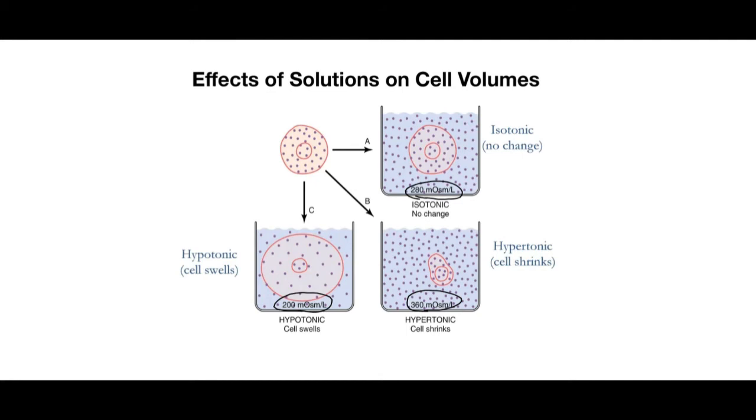So if you take a cell and you put it in a hypotonic solution, by definition, that means that that hypotonic solution will cause the cell to take on water. If you put that cell in a hypertonic solution, the cell is going to lose water. But it's all relative based on what that membrane is permeable to and impermeable to.